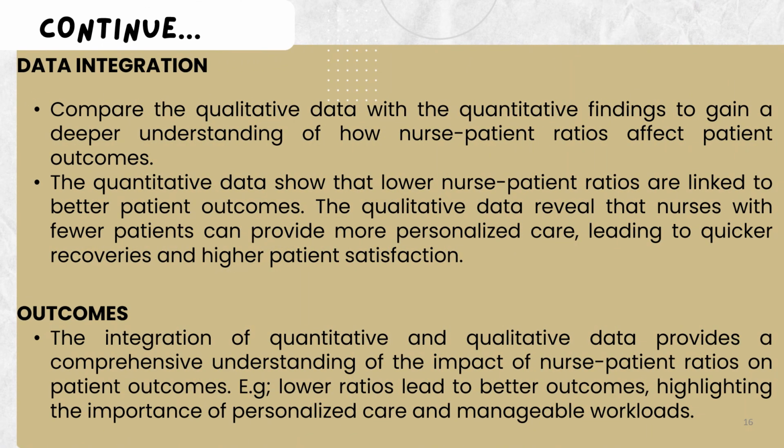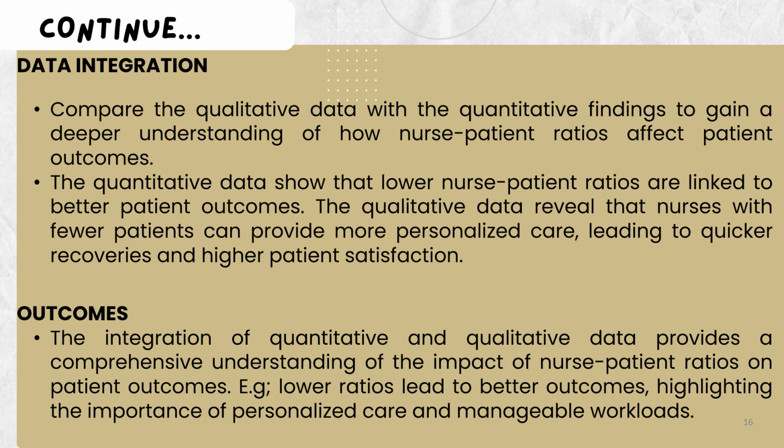In this example, for data integration, they compare the qualitative data with quantitative findings to gain a deeper understanding of how nurse-patient ratios affect patient outcomes. The quantitative data shows that lower nurse-patient ratios, for example, are linked to better patient outcomes. And the qualitative data reveals that nurses with fewer patients can provide more personalized care, leading to quicker recoveries and higher patient satisfaction.